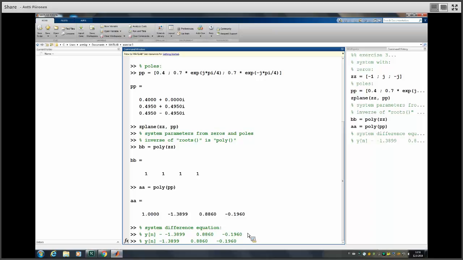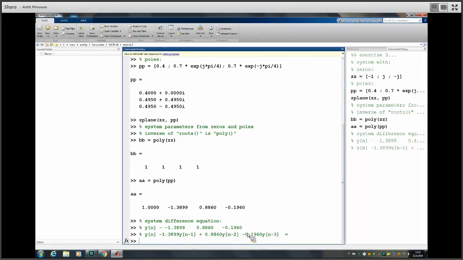Minus y of n minus 1 plus that times y of n minus 2, times that y of n minus 3, and then it has a right-hand side term equal to x of n plus x of n minus 1 plus x of n minus 2 plus x of n minus 3.